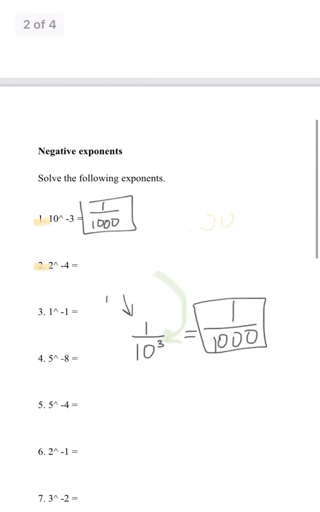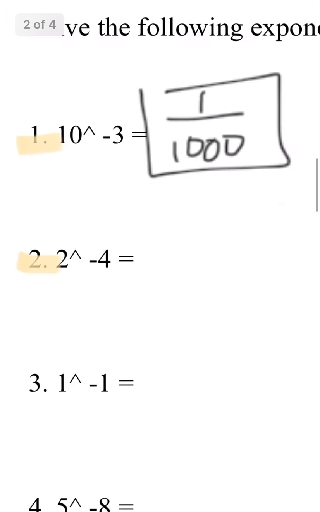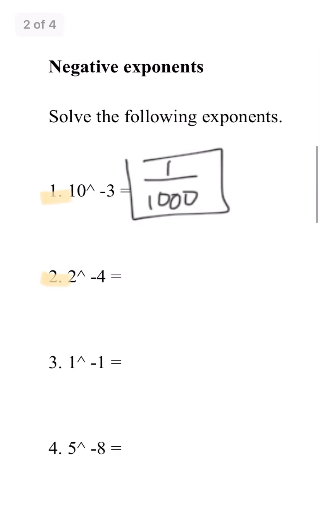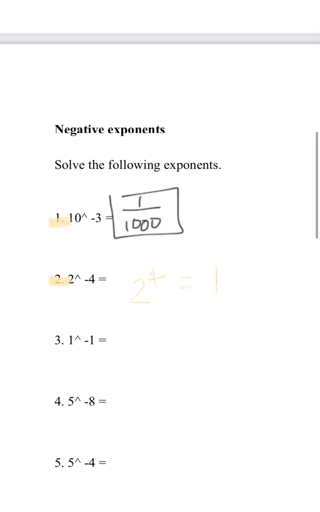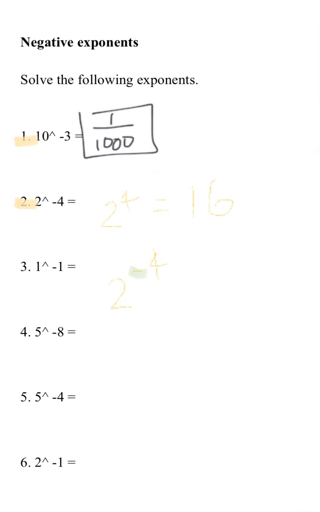And then let's try one more. So we know that 2 to the power of 4 equals 16, right? Then what is 2 to the power of negative 4? Again, we have a negative exponent, right? So we're going to think of the reciprocal.